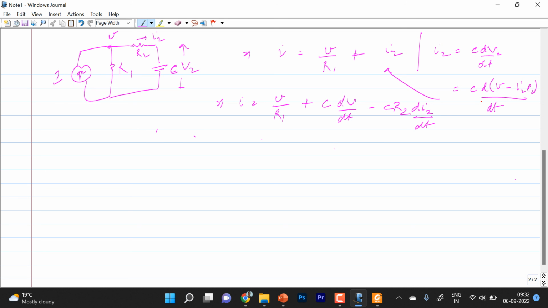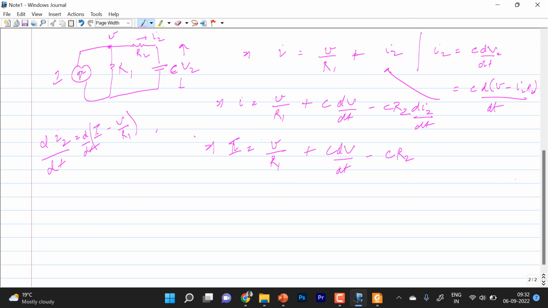I've just substituted it and expanded it now. Now what is I2? I2 is nothing but I, constant I, minus V divided by R1, correct? So I can further write this particular expression as current I is nothing but V divided by R1 plus C dV by dt minus C R2, and taking a derivative of di2 by dt is nothing but taking a derivative of this quantity.